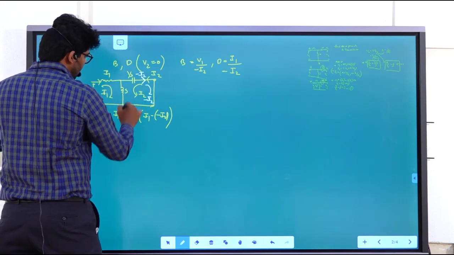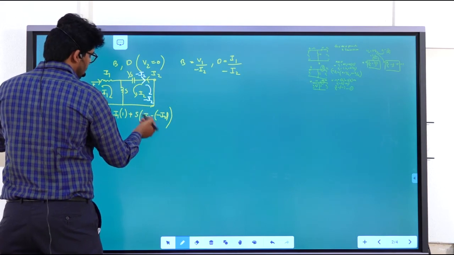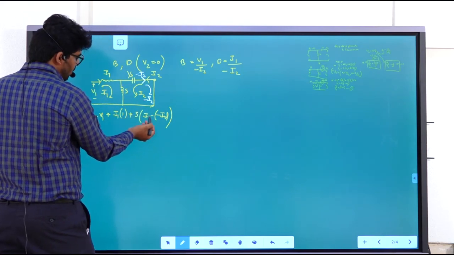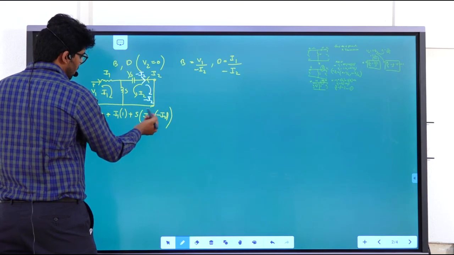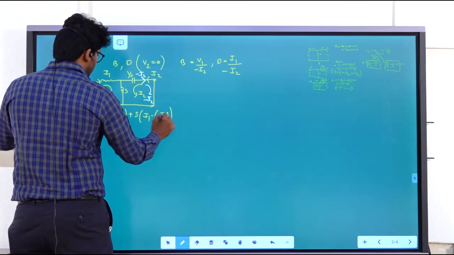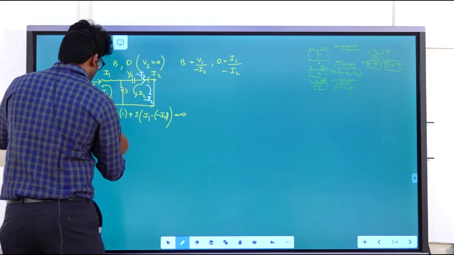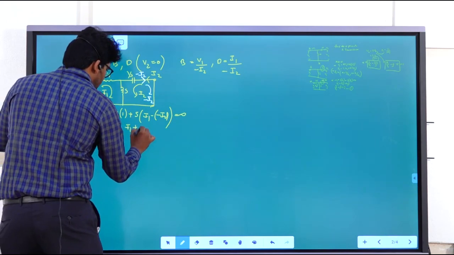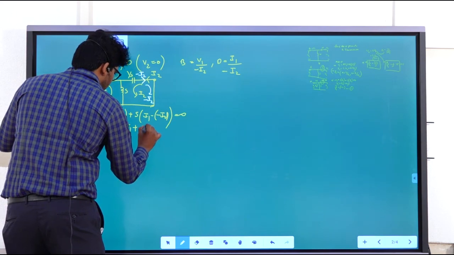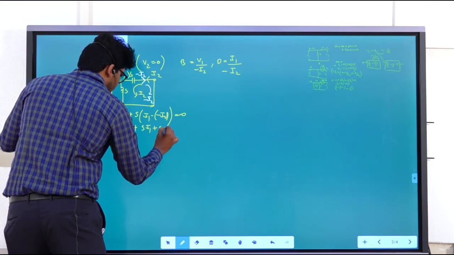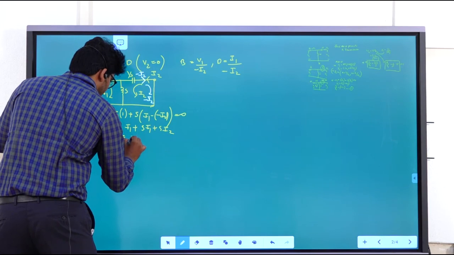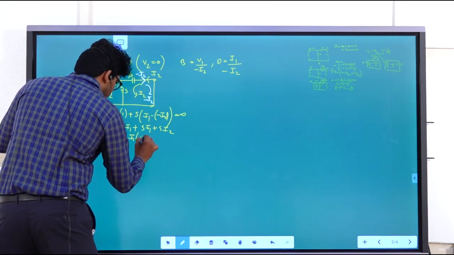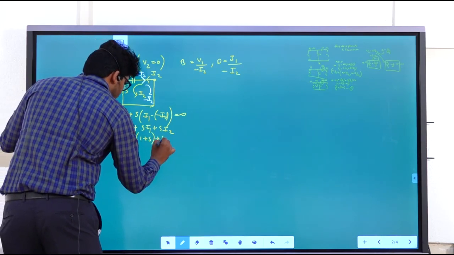If this is in this direction, this is plus I2 only. We get I1 plus I2, but I am taking it like this, and that is equal to 0. So V1 will be equal to I1 plus S I1 plus S I2. Therefore you will get I1 common, 1 plus S, plus S I2.